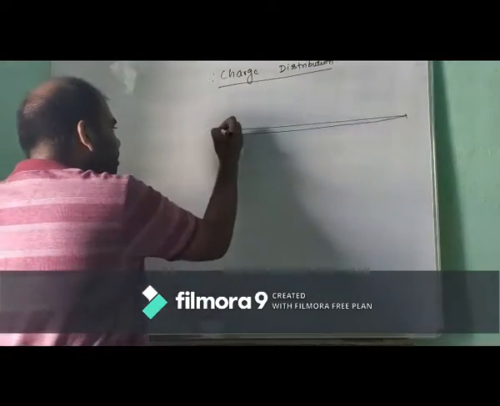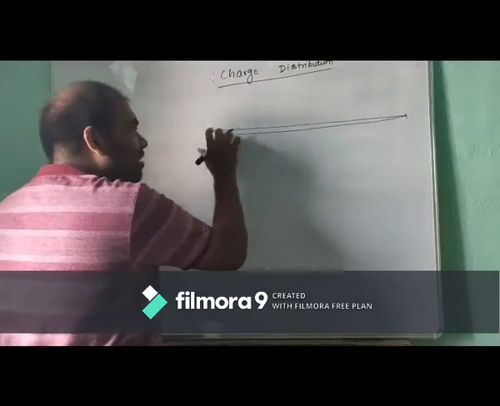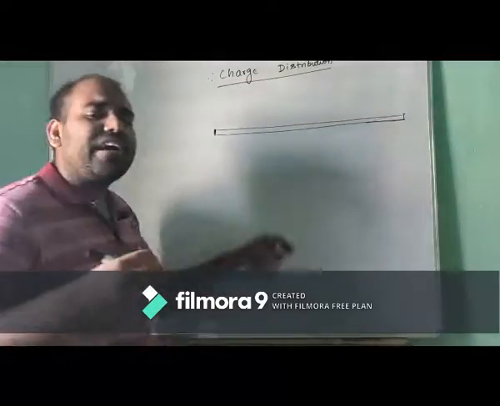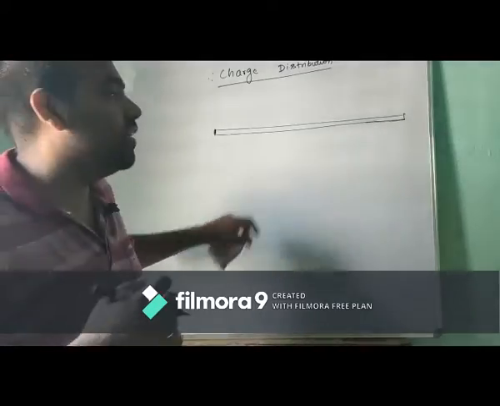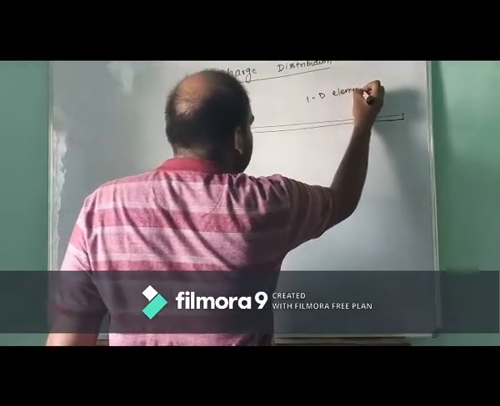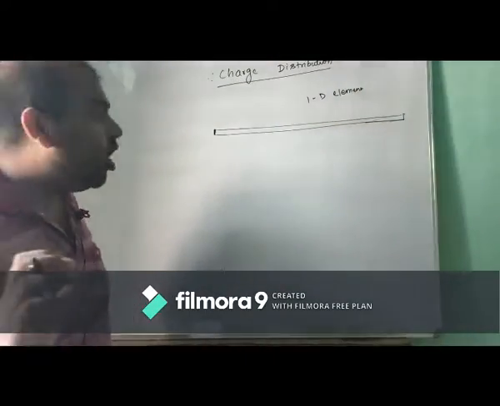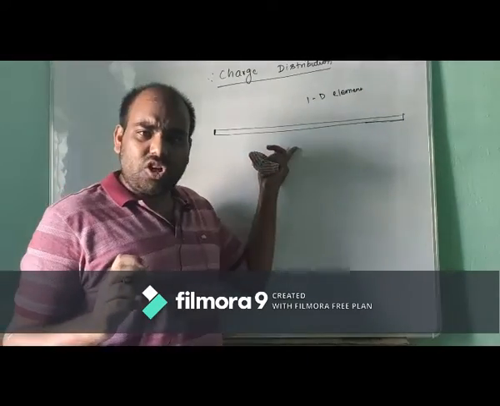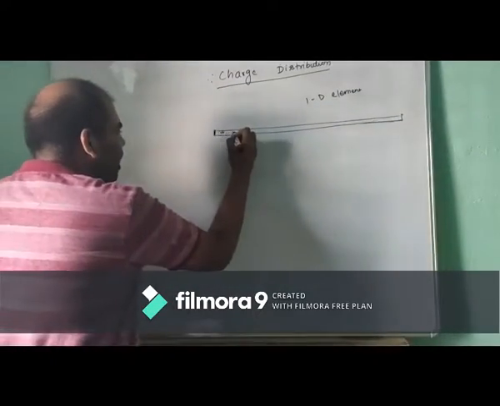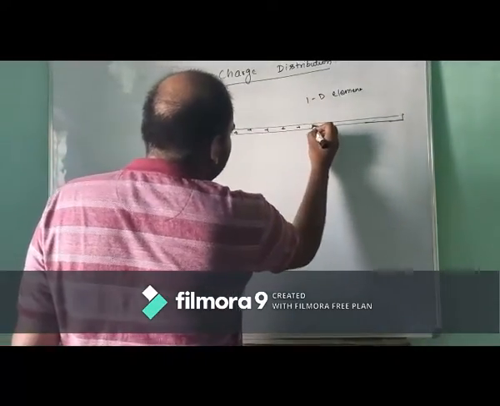Compared to its dimensions, this dimension is too long. So we will say it is a kind of one-dimensional element, a 1D element. Now this rod is basically a charged rod. I am assuming it is a positively charged rod. So the charge is distributed like this.